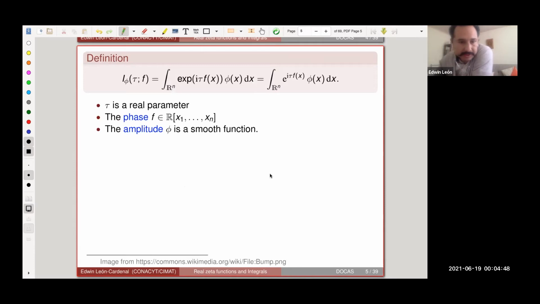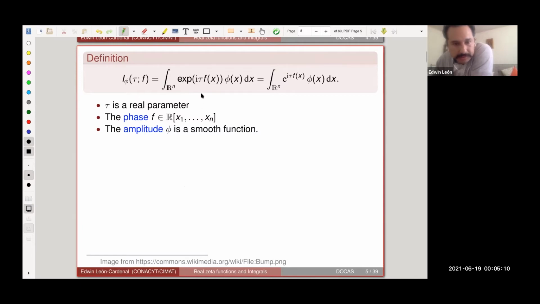So what is an oscillatory integral? An oscillatory integral is something like the thing that you can see here: the integral over R^n of the exponential function. And here are some parameters. I is the square root of -1.